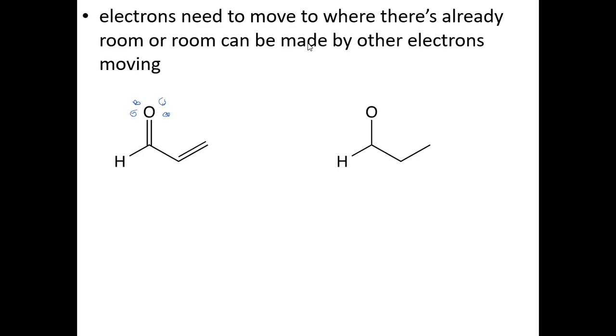Yep. Carbon cannot exceed. We have to remember the octet rule, right? Atoms in the second period, carbon, nitrogen, oxygen, fluorine, cannot exceed the octet rule, meaning they cannot have more than 8 electrons.